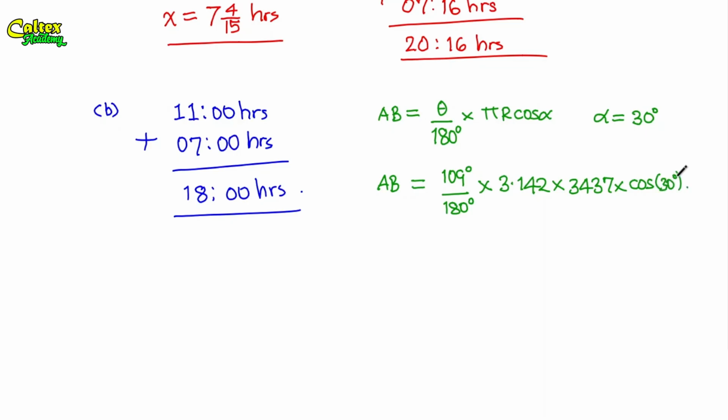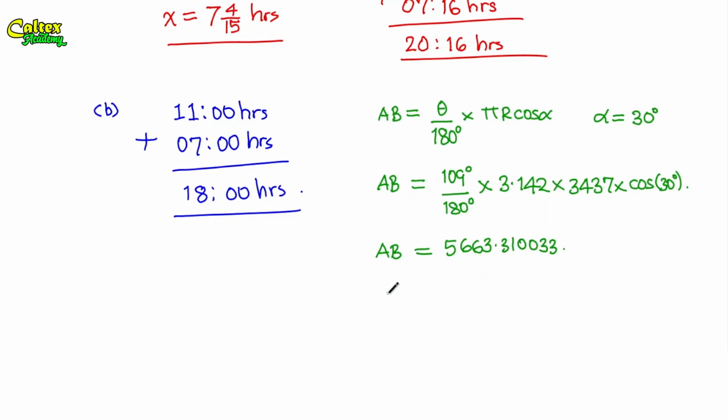So let's get our calculator and enter everything there. Our AB is equivalent to 5,663.310033.